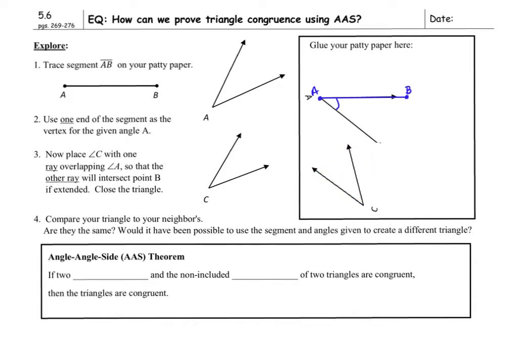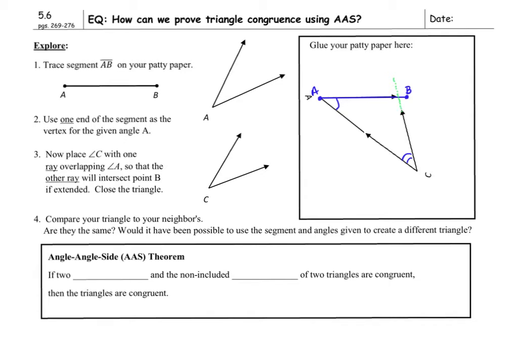So now I'm going to overlap the rays like this, and you can see as I move it, the rays will eventually intersect with point B. So I'm going to leave it right about here. And then you can see if I extended it, it would form a triangle.